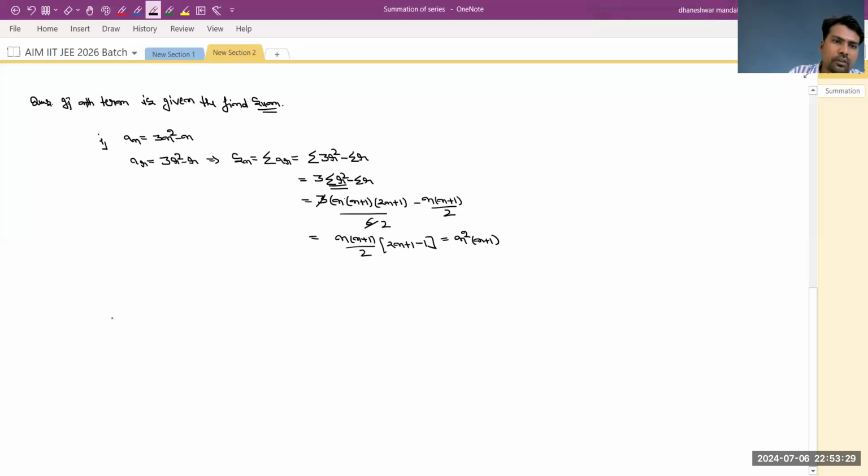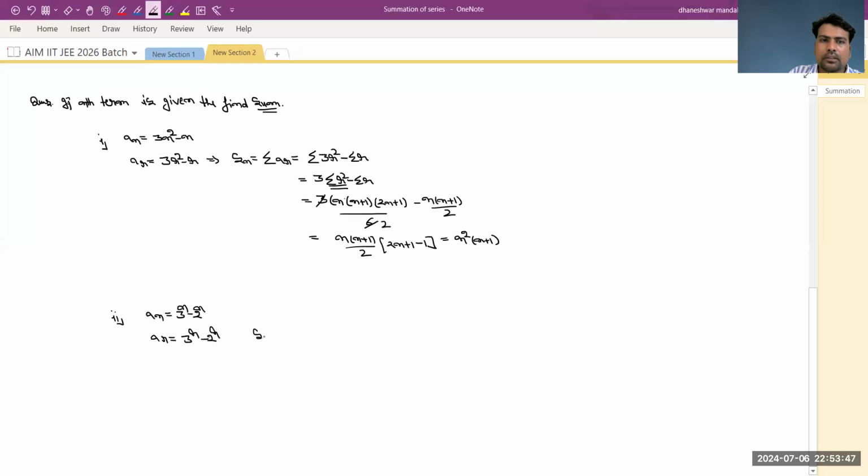Similarly, suppose a of n is equal to 3 raised to the power n minus 2 raised to the power n. If I replace n with r, then I get the rth term. So this is the rth term.